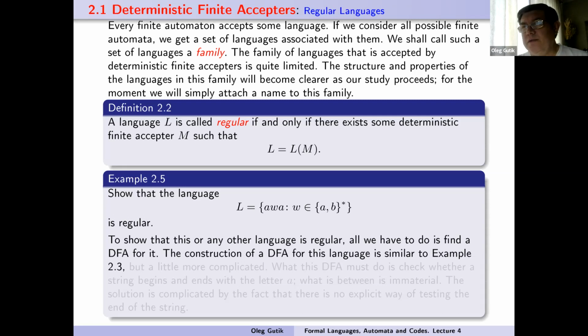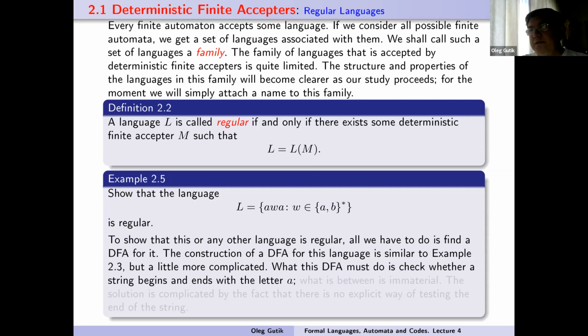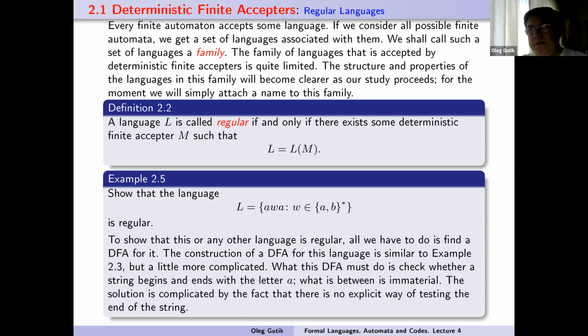The construction of the DFA for this language is similar to the previous example, but a little more complicated. What this deterministic finite acceptor must do is check whether a string begins and ends with the letter A. What is between is immaterial. The solution is complicated by the fact that there exists no explicit way of testing for the end of the string.